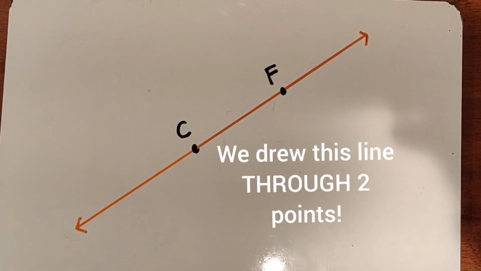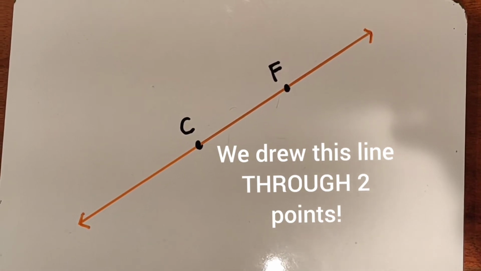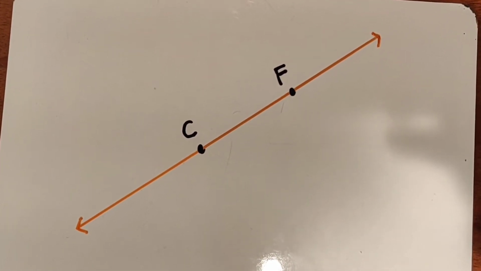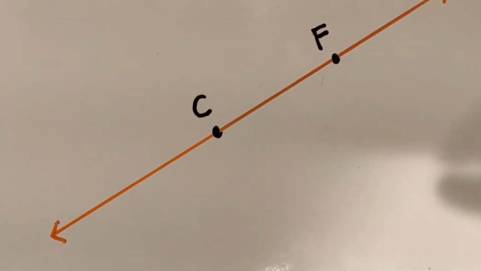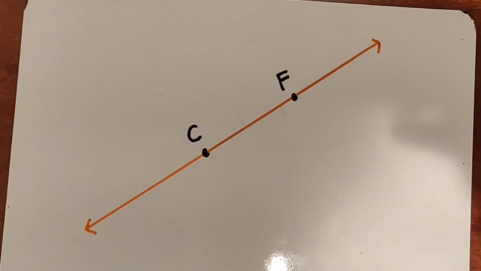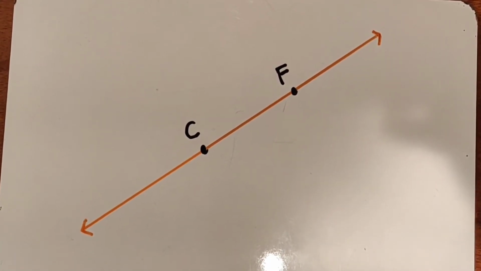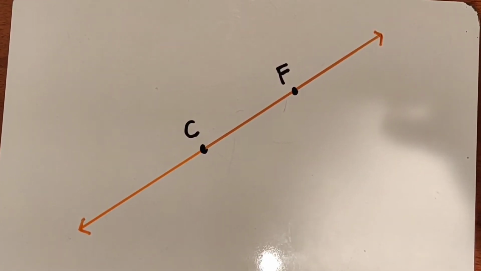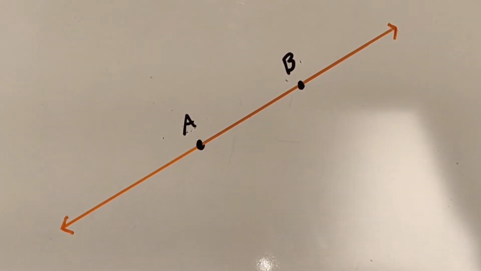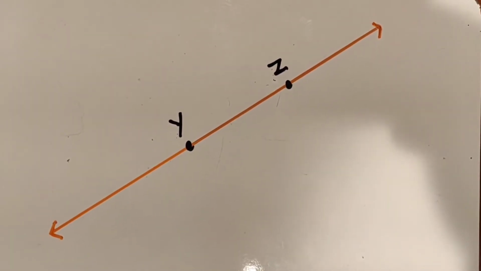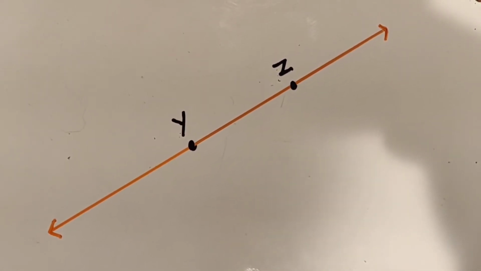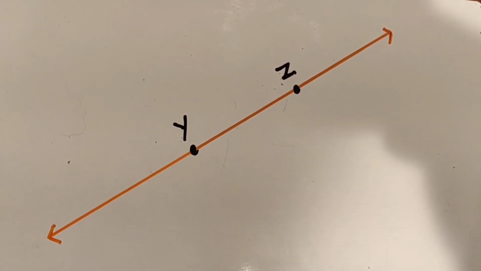And like we already discussed, we drew that line between 2 points. And you can see I've given what we call a name to each of those points. There's point C and point F. They didn't have to be named C and F. They could have been named point A and point B, or point Y and point Z. The point I'm trying to make here is that it really doesn't matter what they're named.